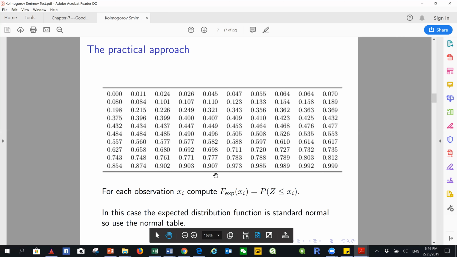You just revert the probability to values. I think you can do that with the materials we learned in the previous quarter.